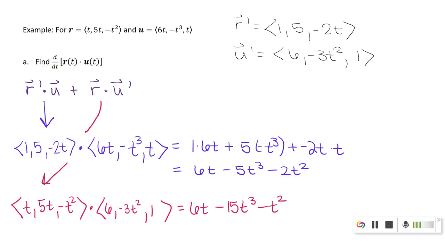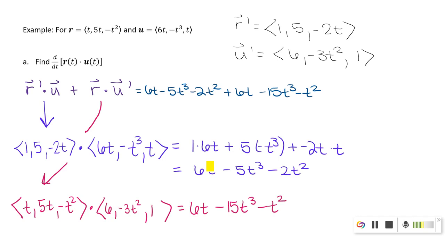And then for the second part, I'm going to take r and dot that with u prime. So multiplying those corresponding components together, t times 6, so I get 6t, 5t times negative 3t squared, negative 15t to the third, and then multiply the last two components together to get negative t squared.